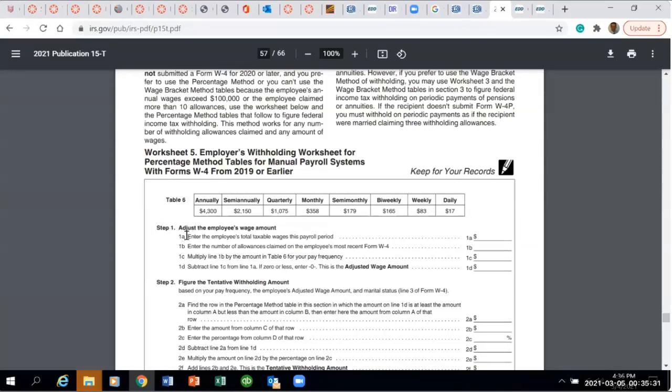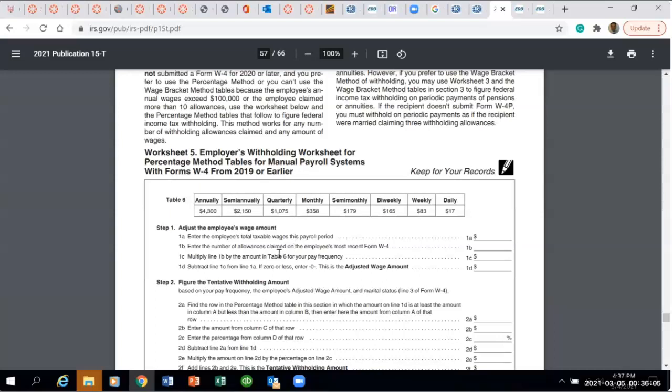Let's say 5 allowances, 3 allowances, 2 allowances, whichever you declare in your Form W-4. So in Step 1, it looks like you adjust the employee's wage amount. Line 1A: enter the employee's total taxable wage this payroll period, whatever the taxable wage is for that period. Line 1B: enter the number of allowances claimed on the employee's most recent W-4, let's say 5 or 3. Line 1C: multiply line 1B by the amount from Table 6.